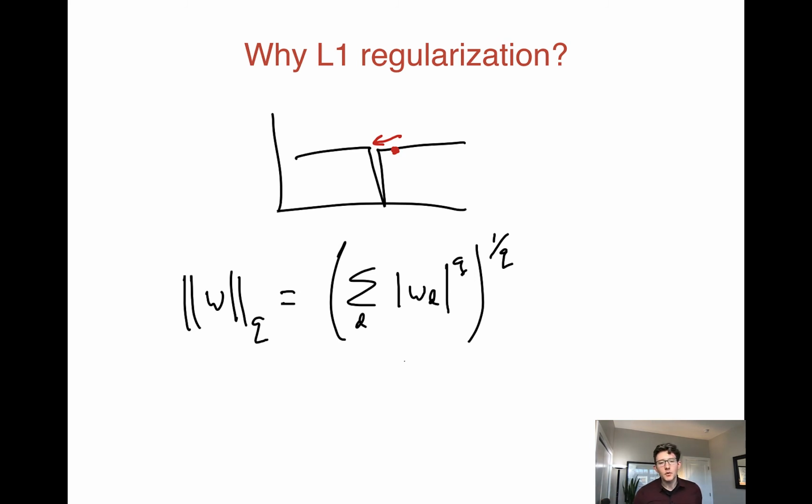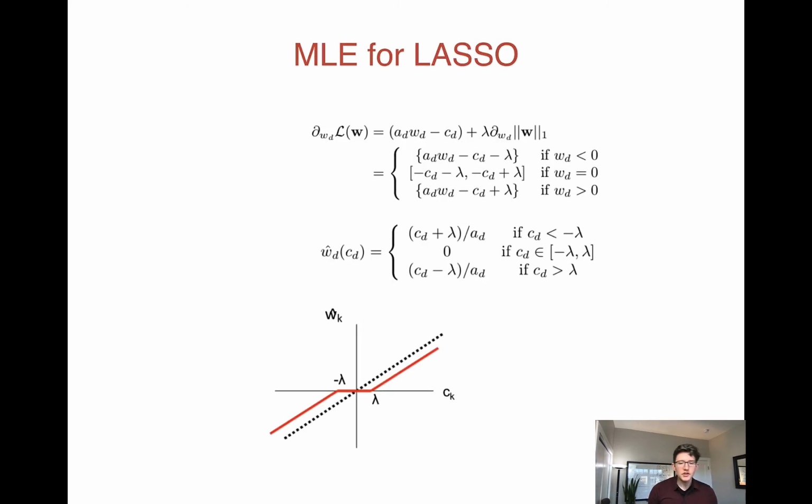Okay, so that's kind of reason number 1. Reason number 2 we just saw. So why is it that L1 regularization gives us sparse solutions? Well, we can kind of see it in our optimization. In our optimization step, notice that there's this large range of C for which we give ourself a weight of 0.